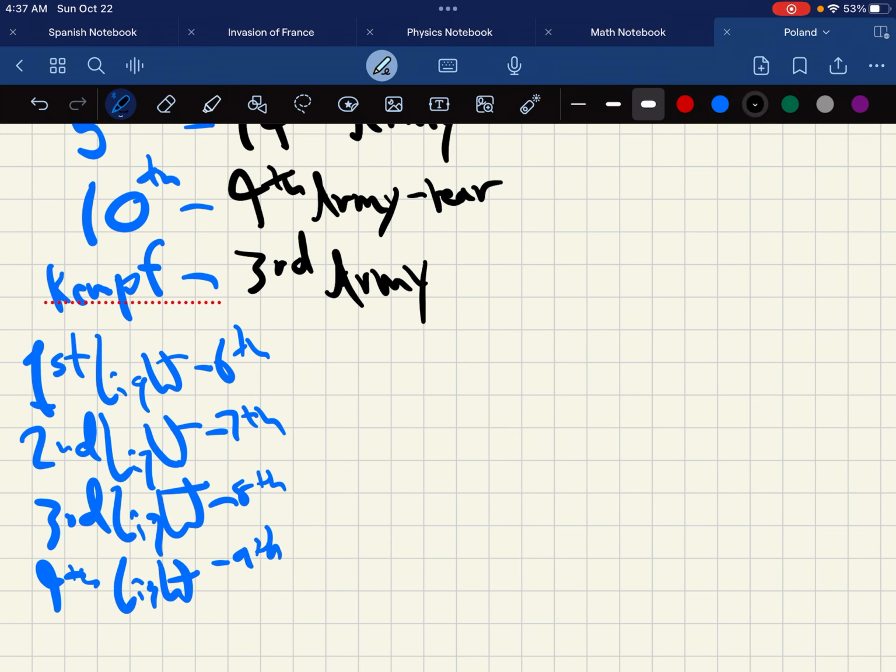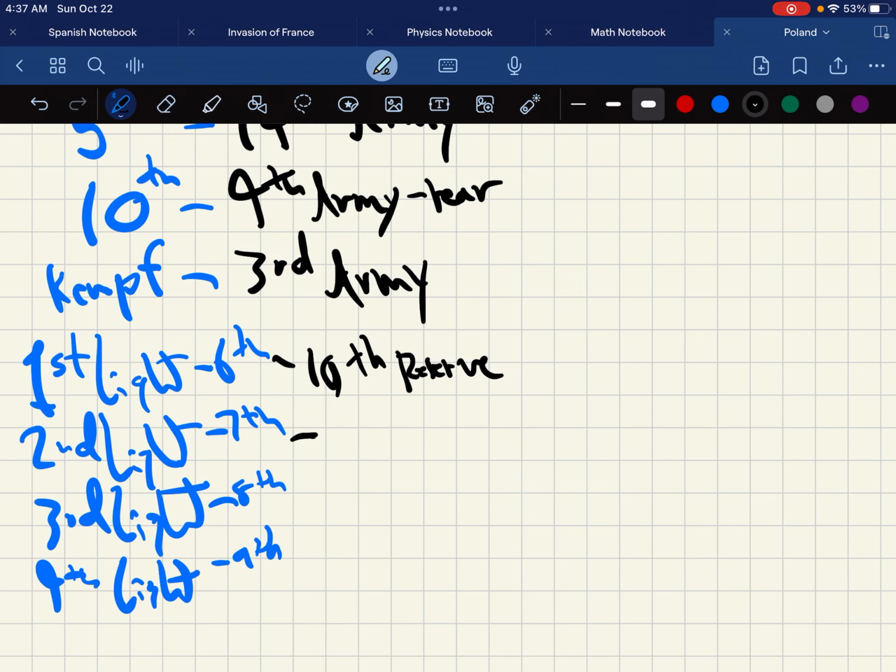And these four were respectively in the 10th Army, although the first was in reserve, so it didn't actually do fighting. First Light didn't do any real fighting, I believe, because they were more in reserve.